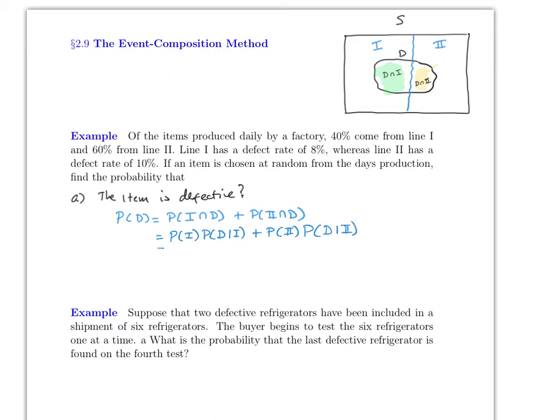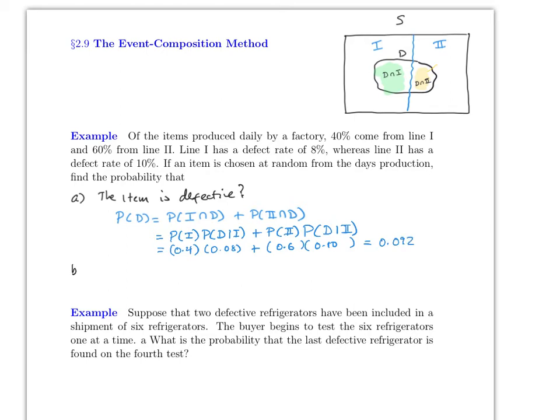Now the probability that it came from factory 1 was 0.4, and if it came from factory 1, the defect rate was 0.08. Now if it came from factory 2, the probability that it will be defective was 0.10, and 60% came from there. So all you have to do is multiply this, and the probability is 0.092.